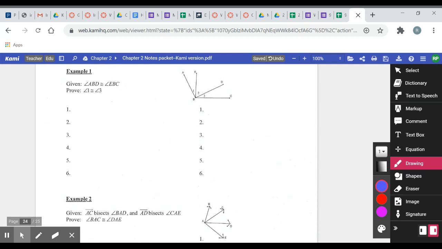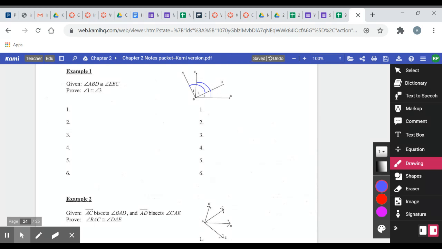In example 1, what's given is that angle ABD is congruent to angle EBC. Anything that's specifically given to you, you can go ahead and mark on the picture. So angle ABD is in reference to here, and it is congruent to EBC, which is in reference to here.